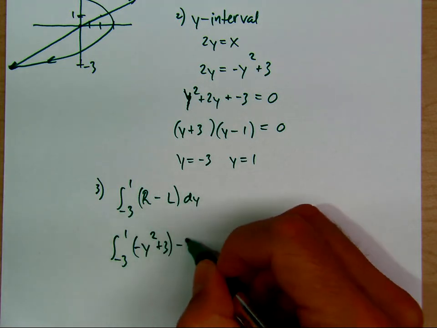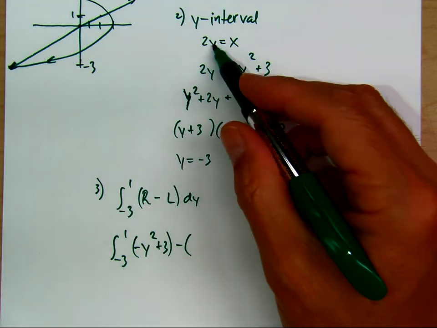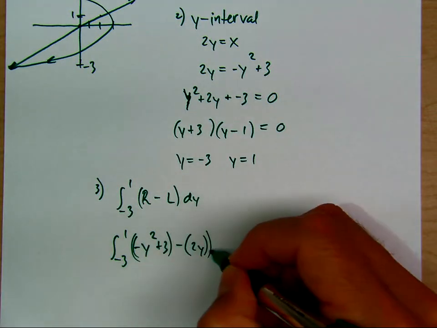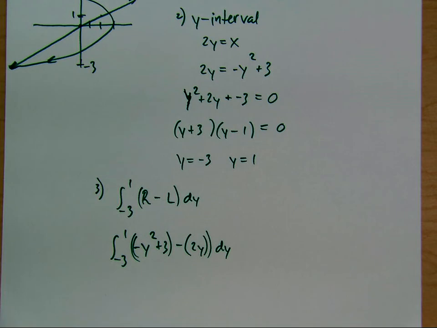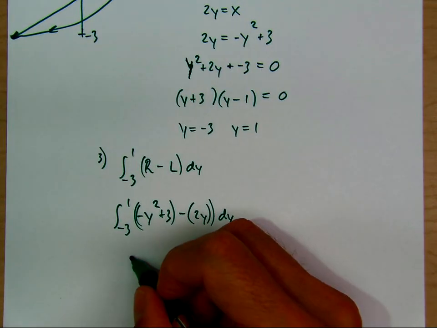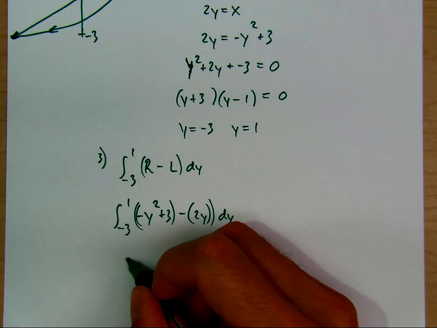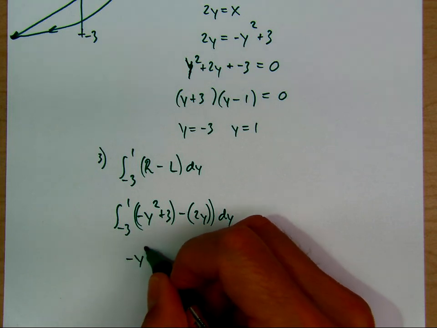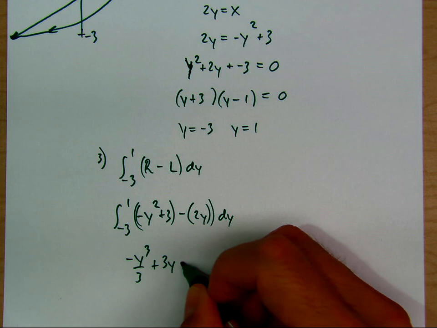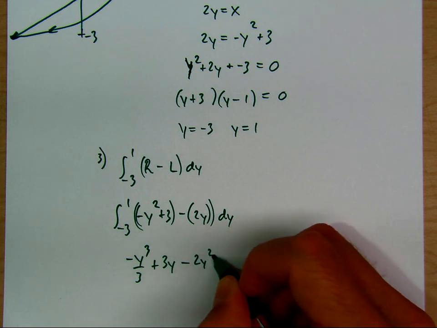The left side is 2y. So, the antiderivative: negative y cubed over 3 plus 3y minus 2y squared over 2.